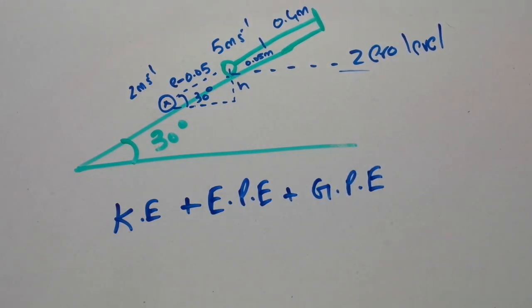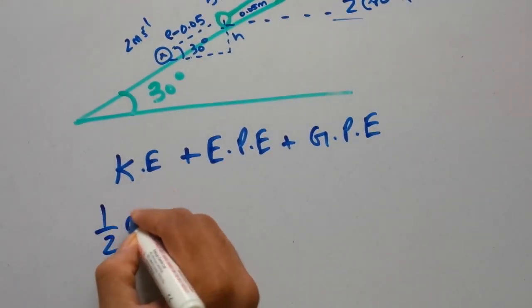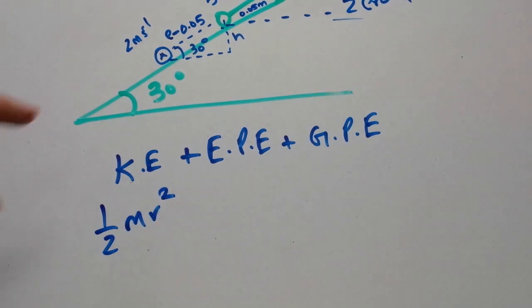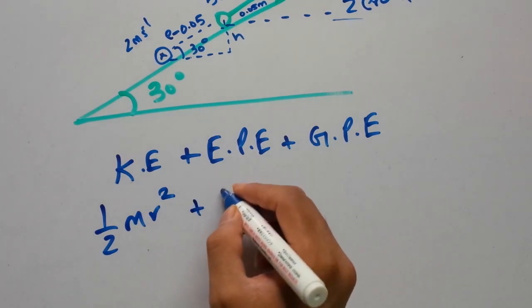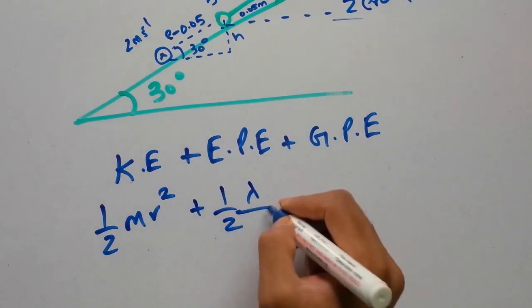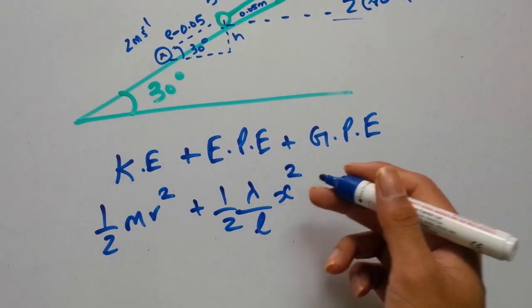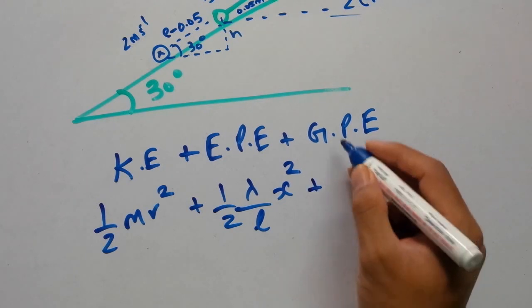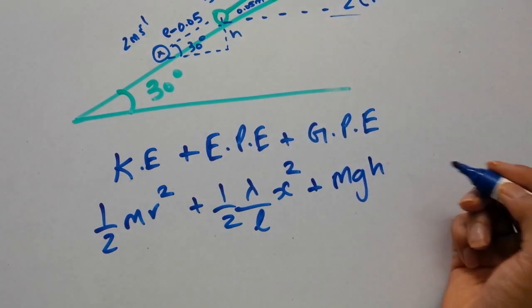Kinetic energy at this point is half mv square, where the speed is 2 meters per second. I'm going to substitute that later. Elastic potential energy is half lambda by L into extension square. The extension is E. Gravitational potential energy is mgh.